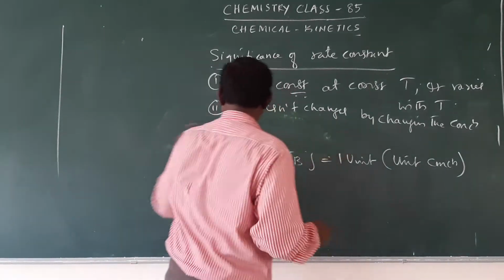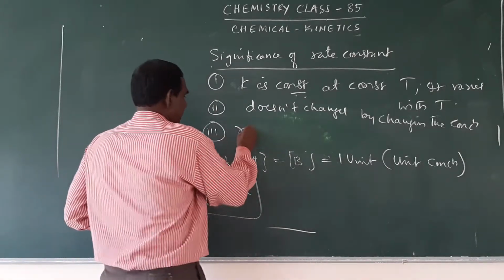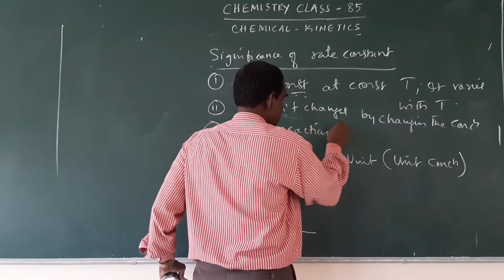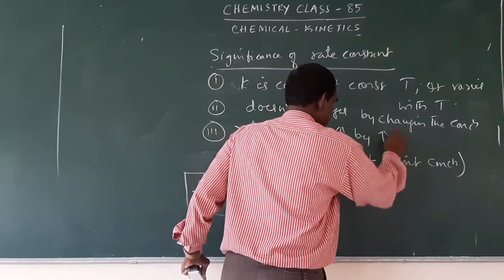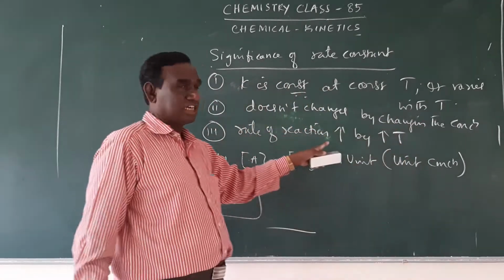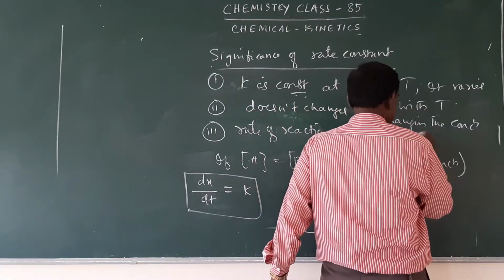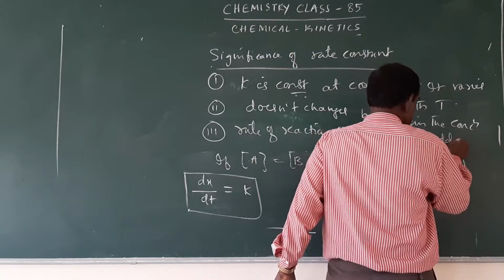So that is the third point: the rate of reaction increases by increasing the temperature. The rate of reaction can be increased by increasing the temperature or by adding a positive catalyst.